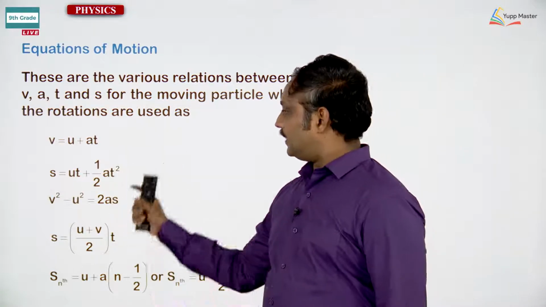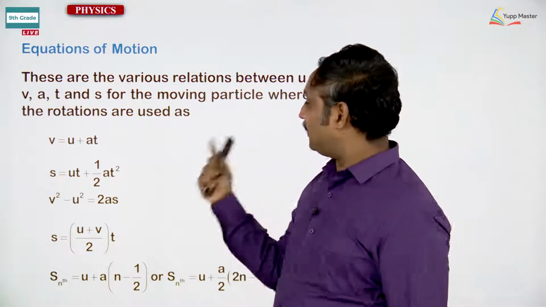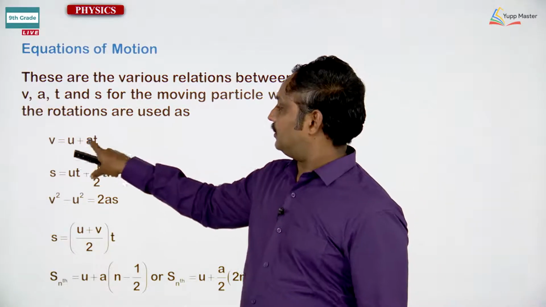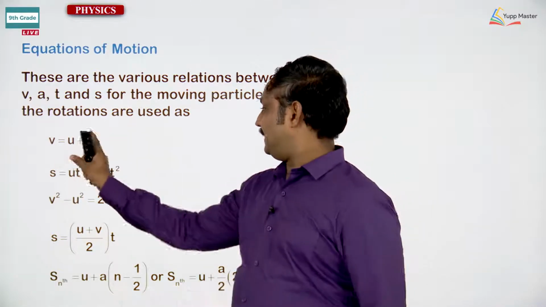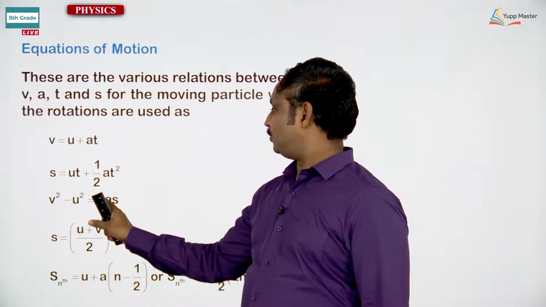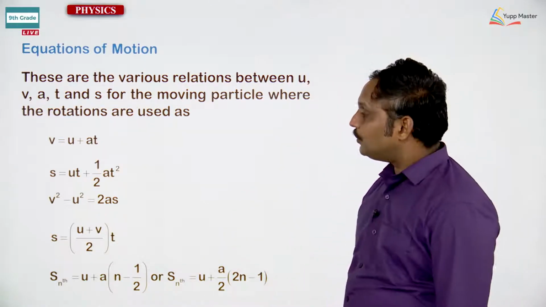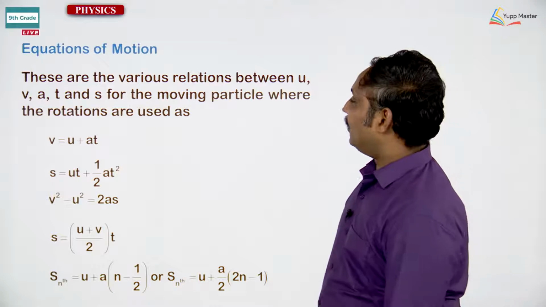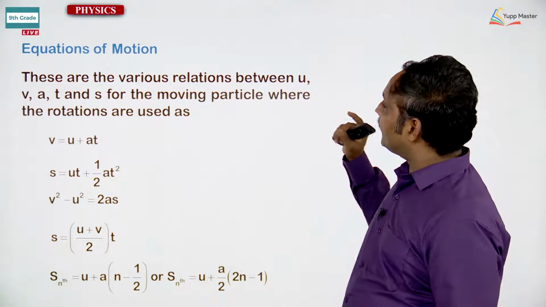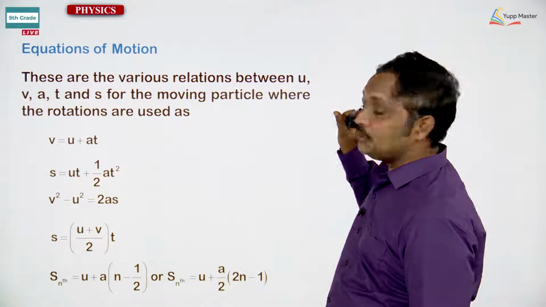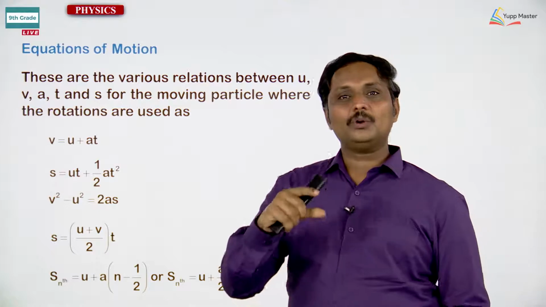One derived quantity has been related to a set of base quantities, like v square minus u square is equal to 2as, s is equal to (u plus v) by 2 into t. Now it is very clear, these are the various relations among u, v, a, t and s. You know very well about all this information.